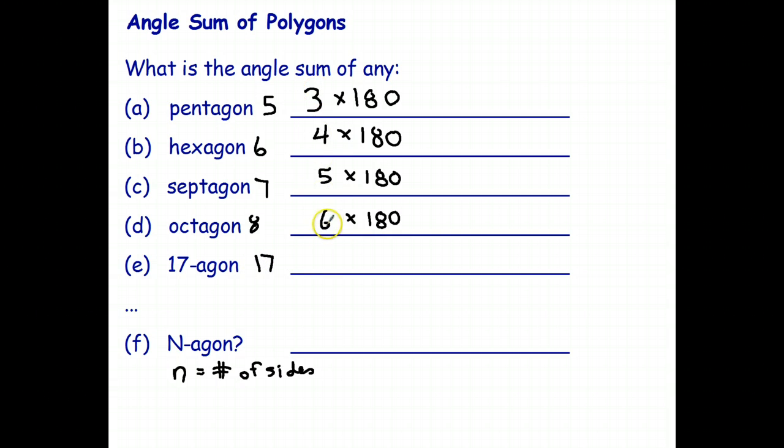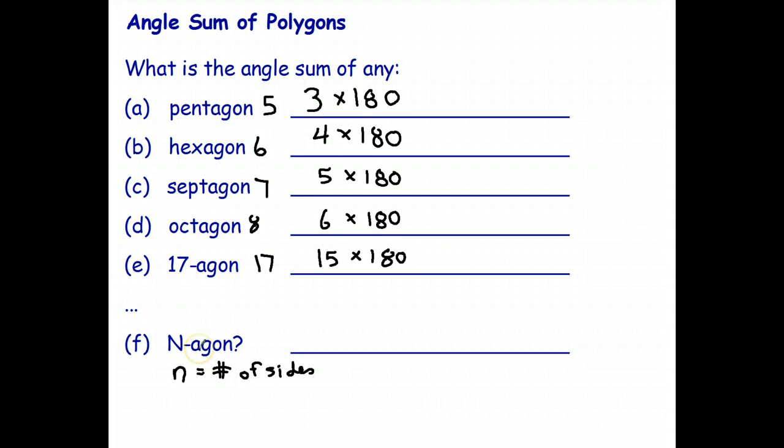Notice that each of these numbers is 2 less than those, so the angle sum of a 17-gon is just going to be 15 times 180. So when you're answering questions on this, you could just use this fact: you take 2 away from the number of sides and then multiply that number by 180, and that'll give you the right answer.